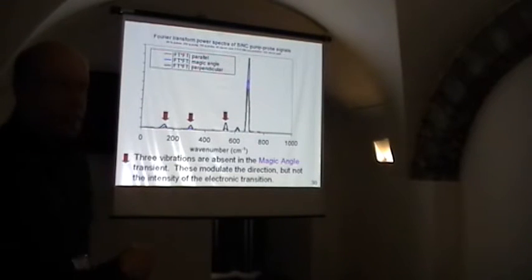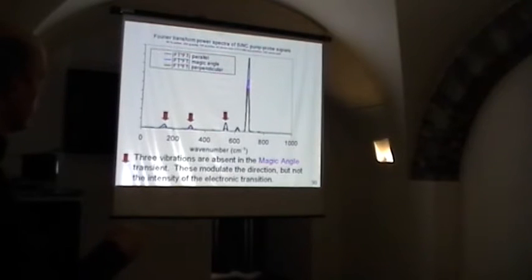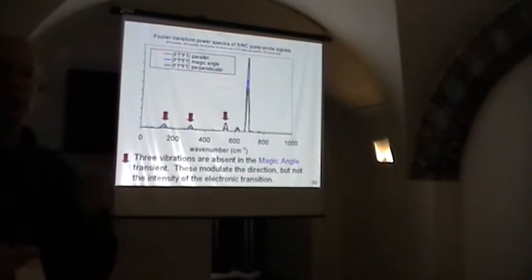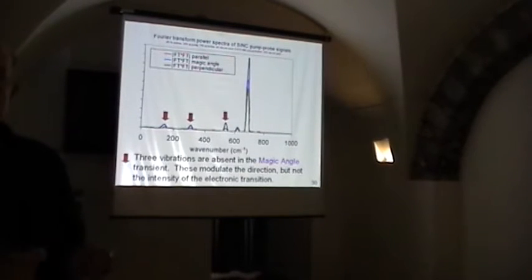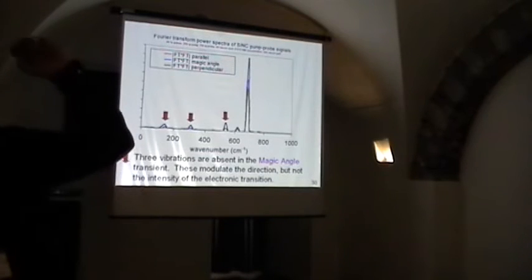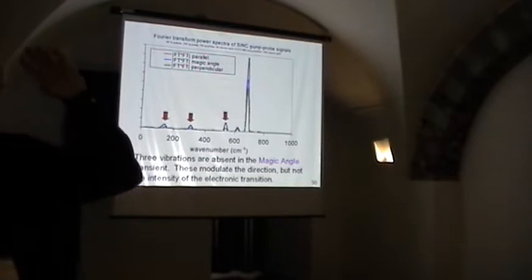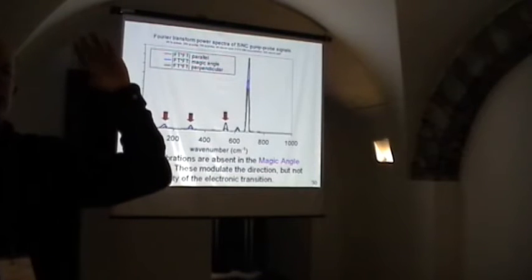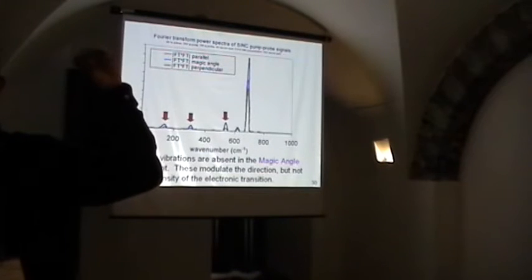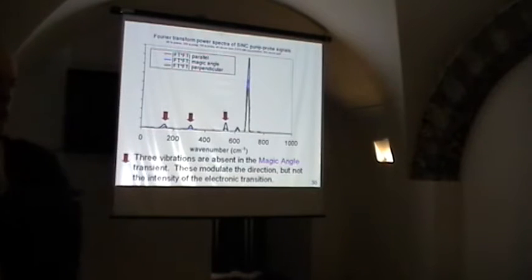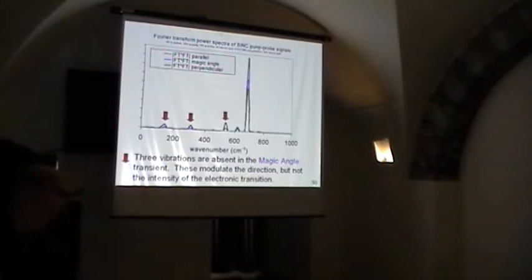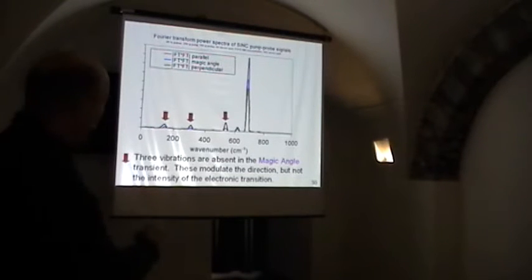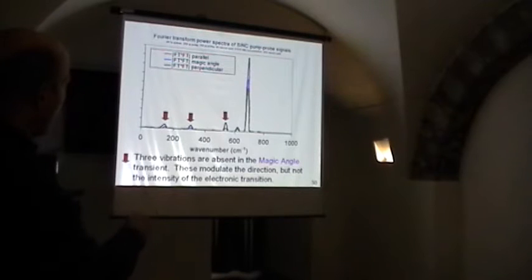And so what this is telling you, since they're present in the magic angle, which measures the isotropic or population dynamics, these quantum beats are measuring, in the parallel, the modulation of the intensity of the absorption spectrum. And that occurs because the molecule manages to scoot a little bit to a place where a laser can't measure it. These very high frequency vibrations can do that. And so they show up in all 3.